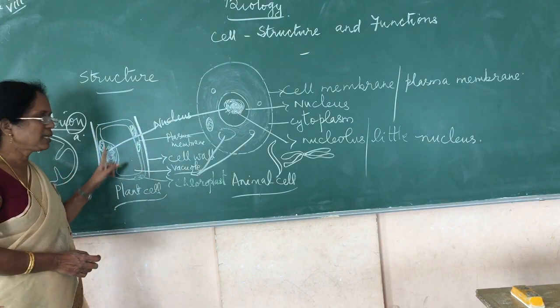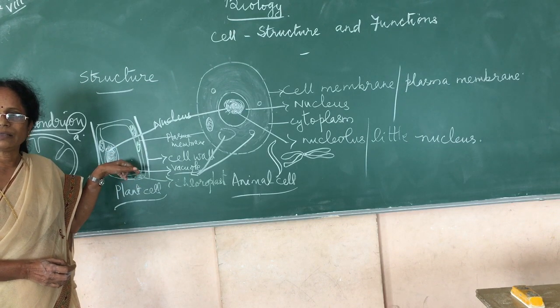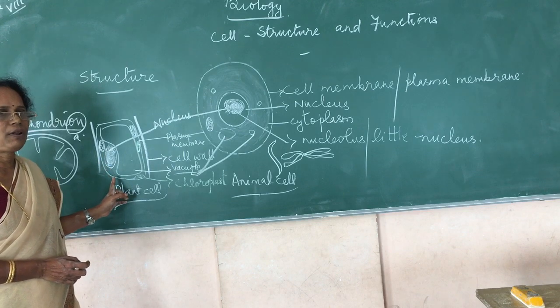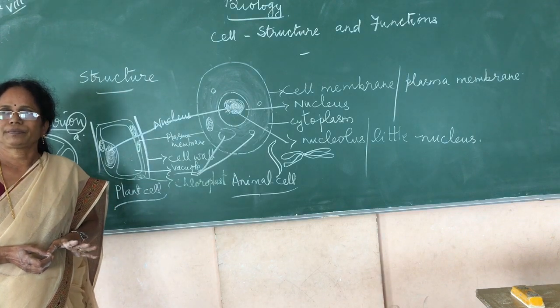It keeps the cell fresh, moist. That is the work of this cell wall. It is advantageous, but in animal cell it is not found.